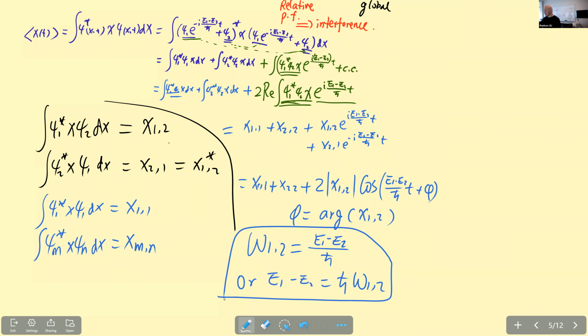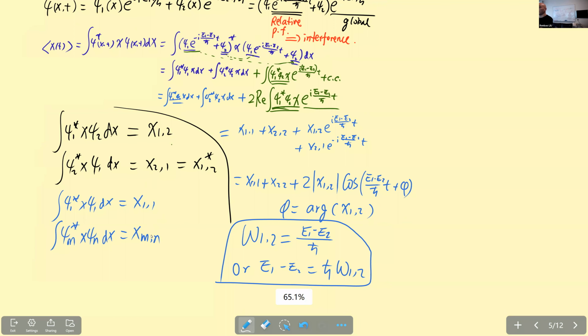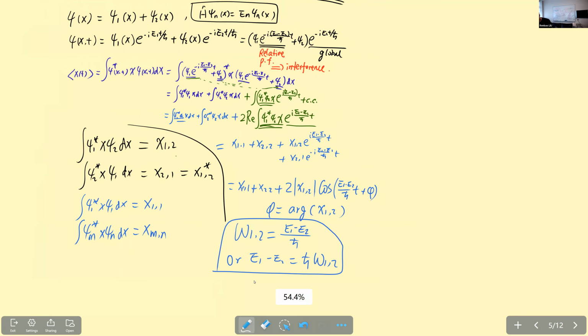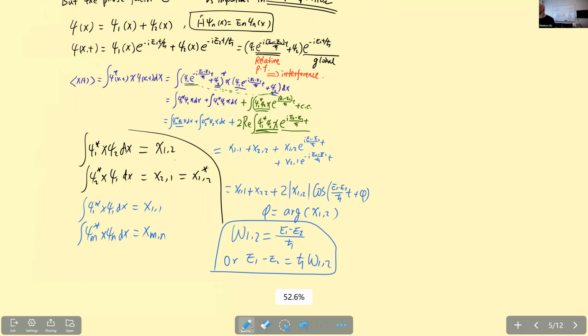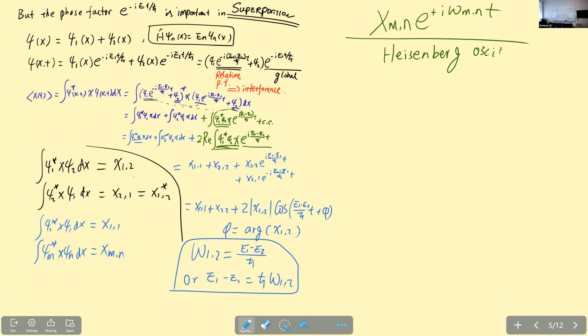Okay, so you can see that we obtain something really beautiful. So this one is Heisenberg's oscillator.